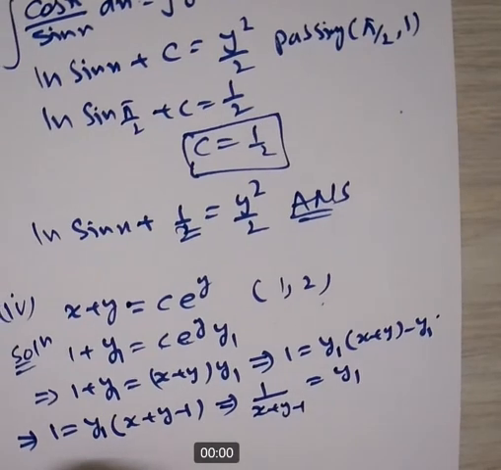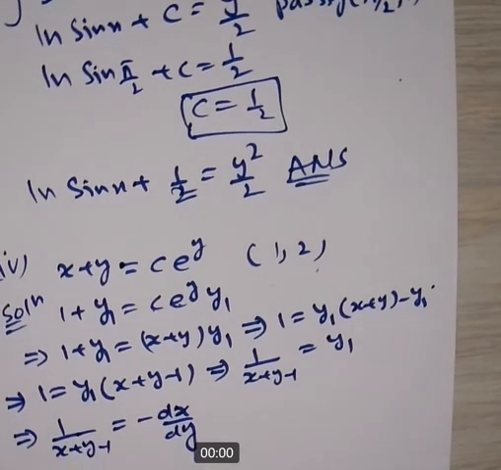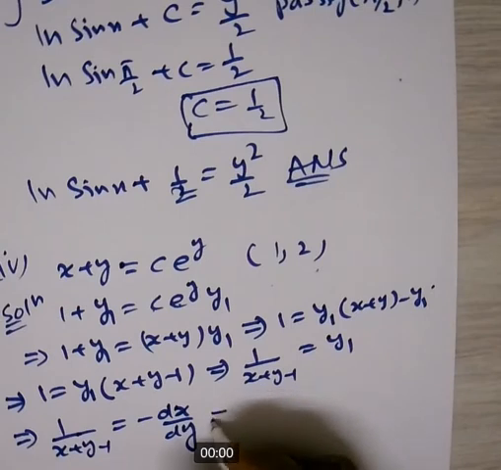Replace that one. It becomes 1 divided by x plus y minus 1 equal to minus dx/dy. Now see that one, we cannot solve it.